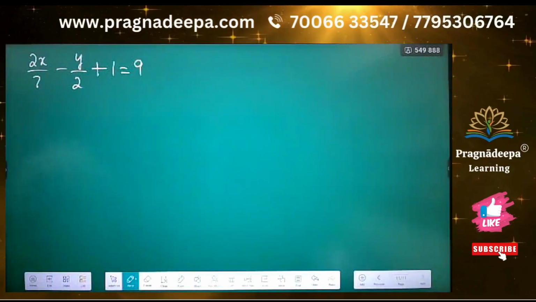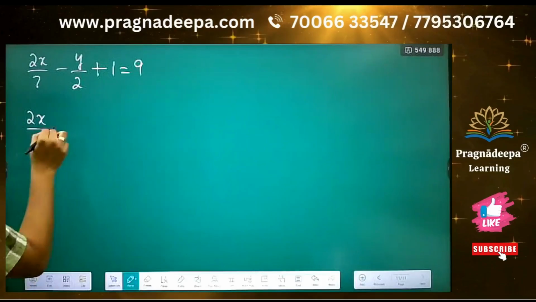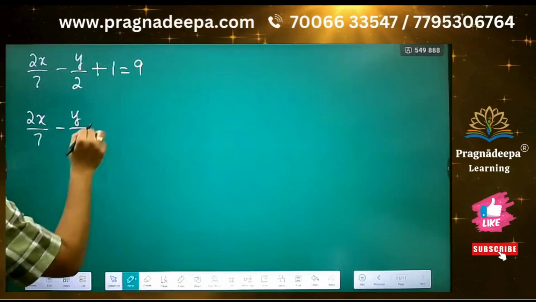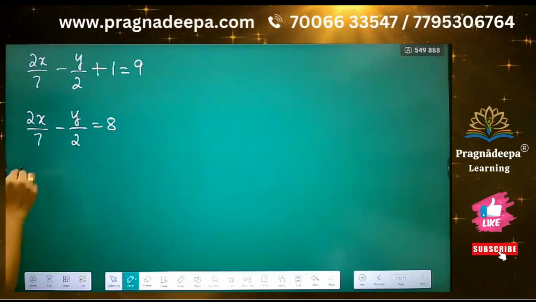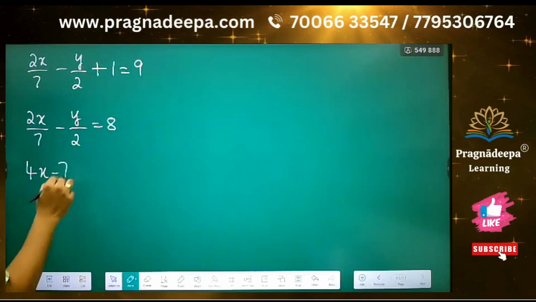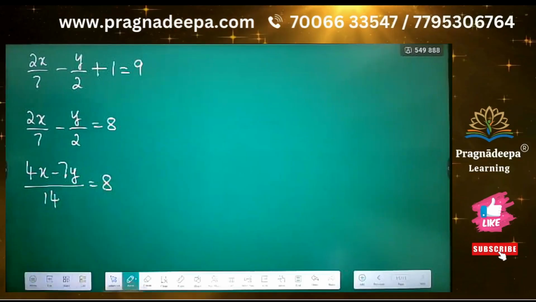Same procedure. Send the plus 1 to the other side, what happens? 2x upon 7 minus y by 2 is equal to 8. So 4x minus 7y by 7 twos are 14 is equal to 8.